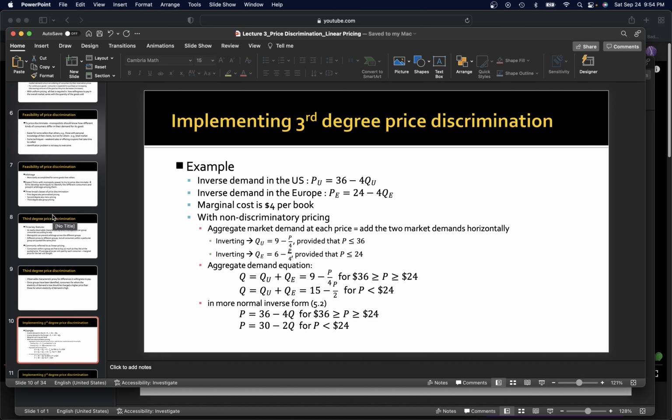All right, so now we've got this example. We've got demand in the United States and demand in Europe for this good. Again, we're saying that we can identify consumers from the United States and consumers from Europe. In an international trade example, this is definitely possible. It's also possible for arbitrage to be outlawed.